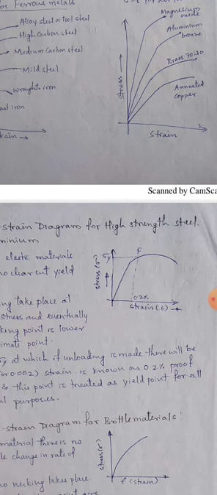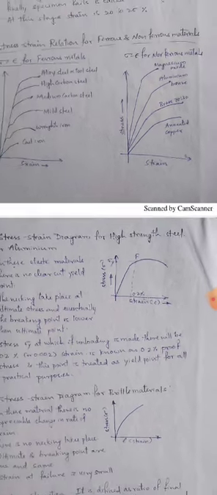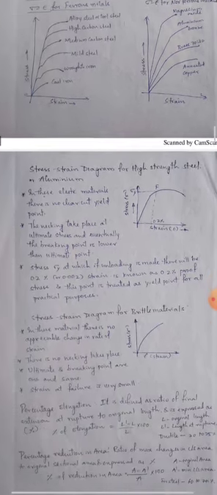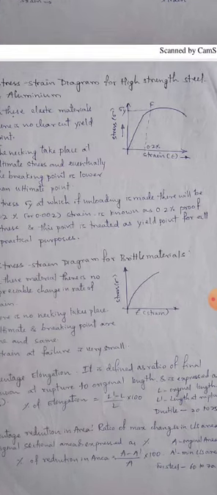If you consider HYSD, especially the high yield strength steel, see here, this is your curve. It is a linear curve. In this, there is no clear-cut yield point. There is no upper yield point and lower yield point. It varies linearly, suddenly reaches the ultimate, and suddenly decreases to the breaking point.